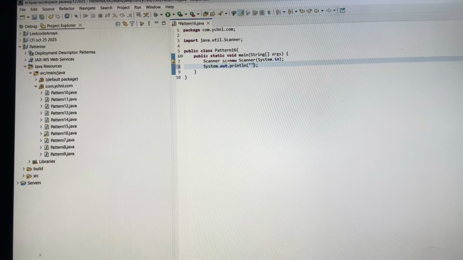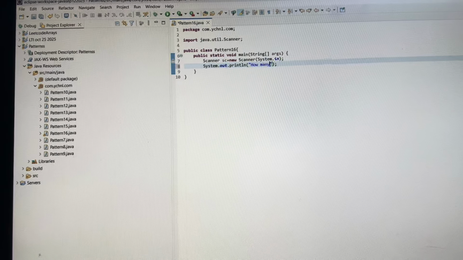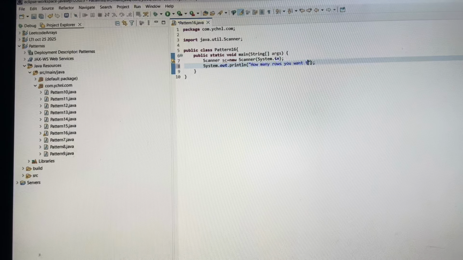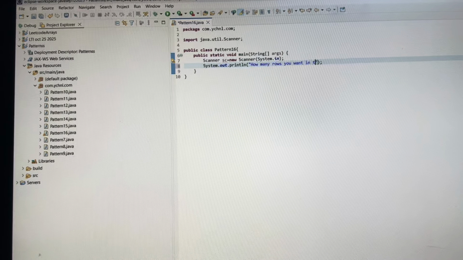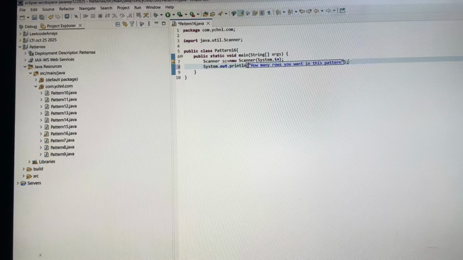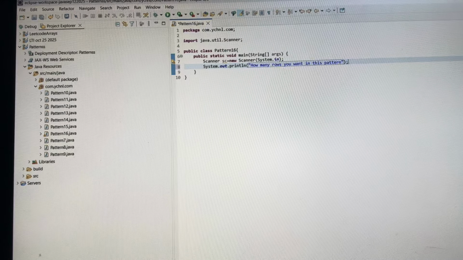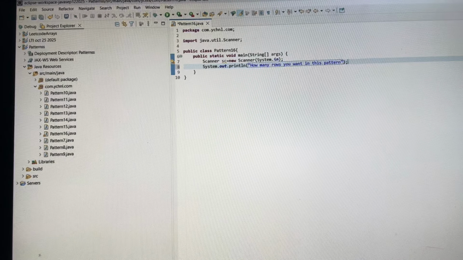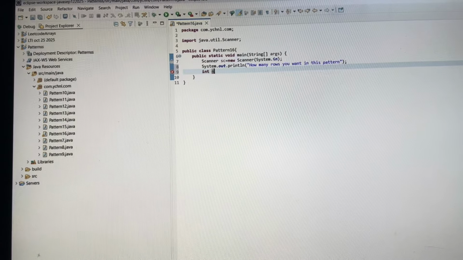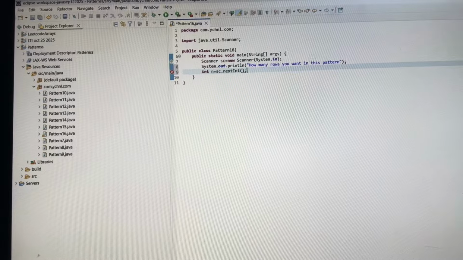So, how many rows do you want in this pattern, right? Then whatever input we enter from the keyboard, we have to store it in a variable, right? So that's why I'm taking int n is equal to sc dot nextInt.